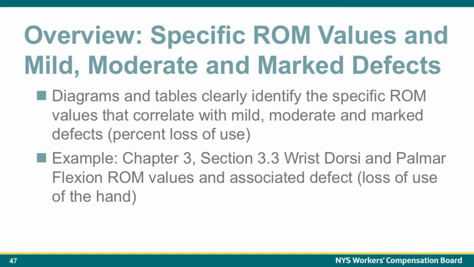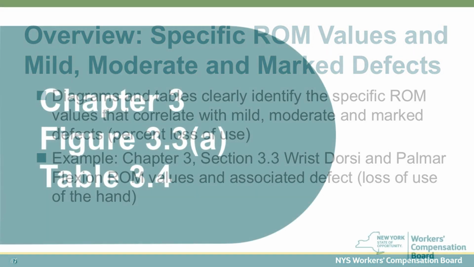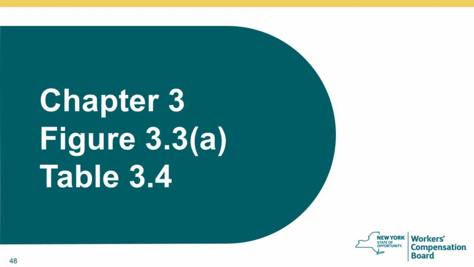The new guidelines clearly identify the ROM values that correlate with mild, moderate, and marked deficits. Example, Chapter 3, Section 3.3, Wrist dorsi and palmar flexion. We will explore this further in Chapter 3.